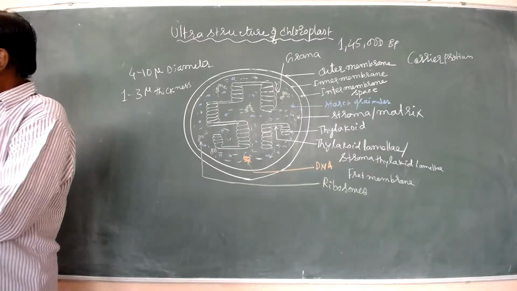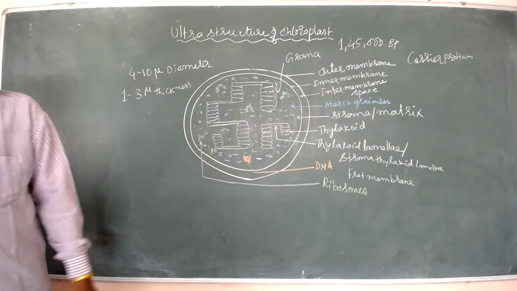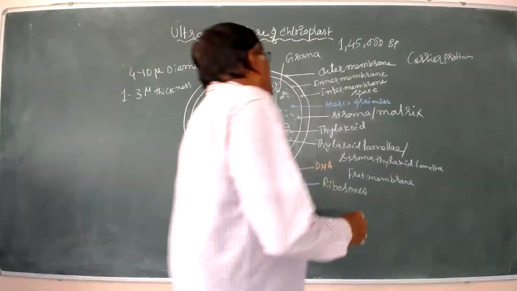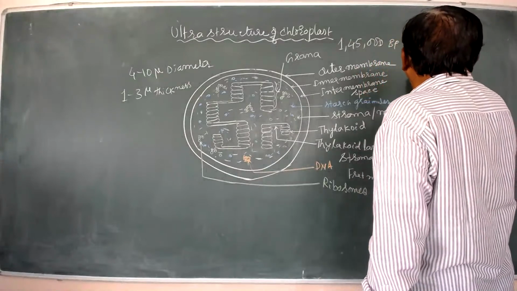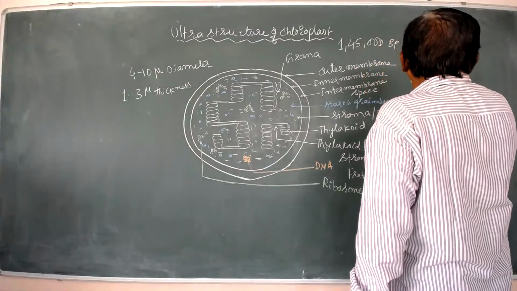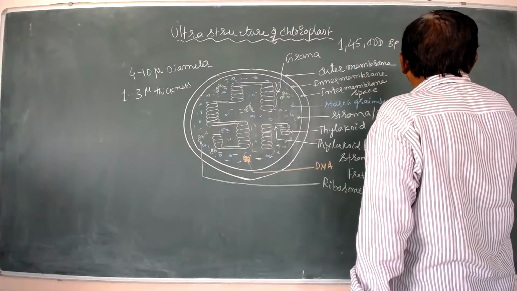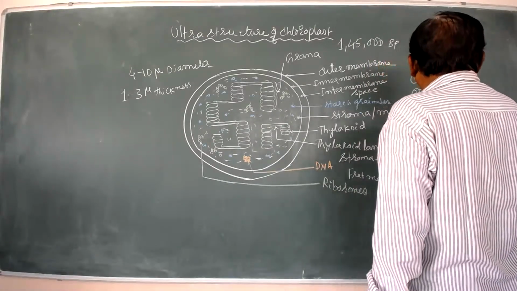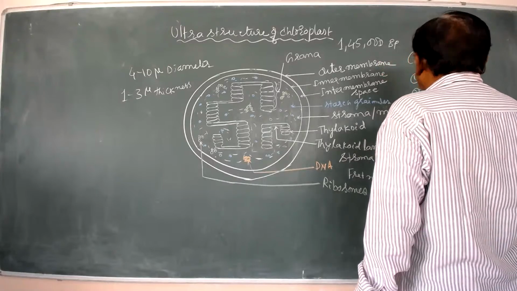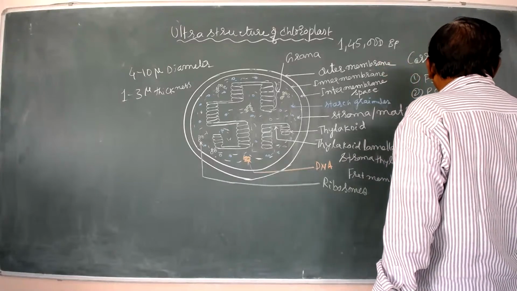And also here in the chloroplast you will find 4 different components. The first one is photosystem 1. The second one is photosystem 2, that I will explain to you. The third one is the cytochrome complex.